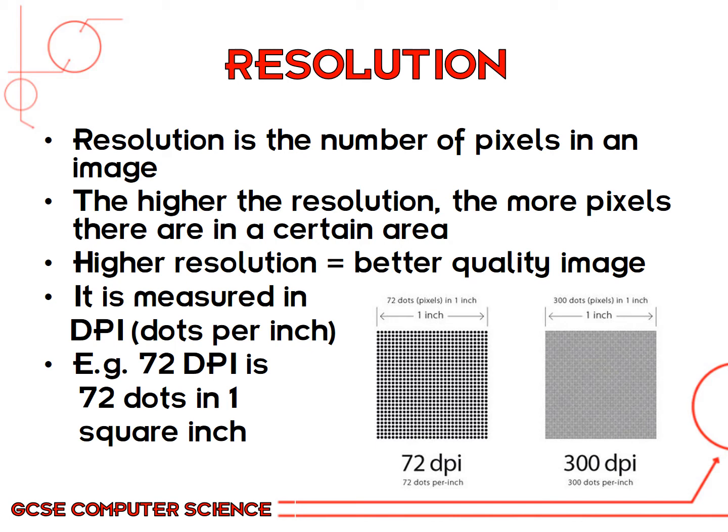From the small diagram here, you can see how many dots would fit in a 1 inch area and how this might improve the quality and clarity of the image. For example, if you use a higher quality photograph on a larger area, it will be much better quality at 300 dpi compared to 72.